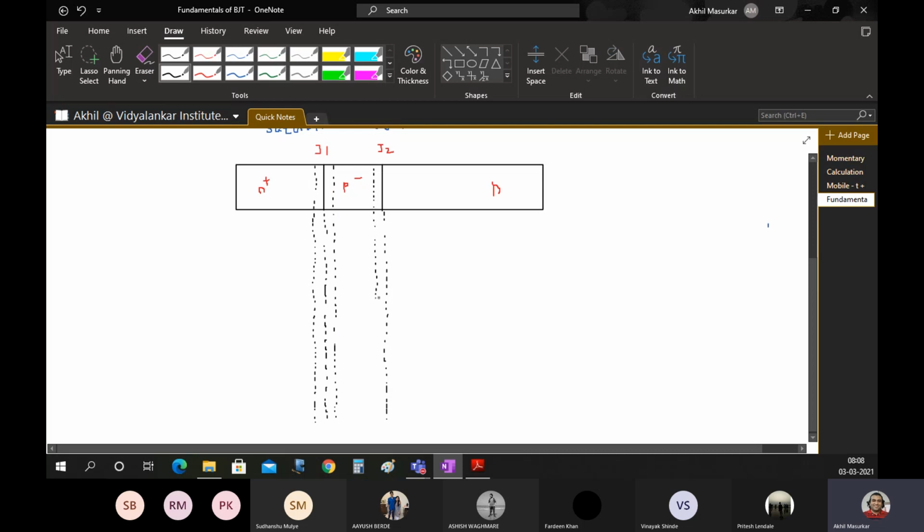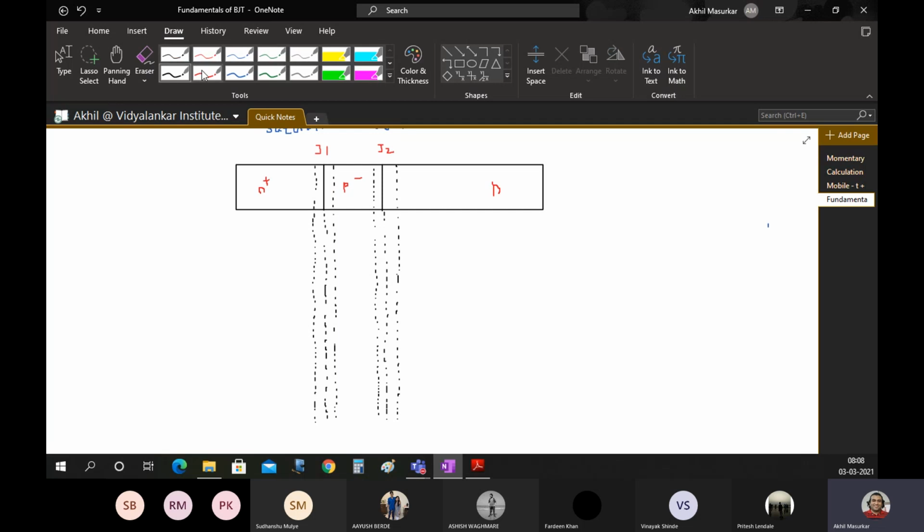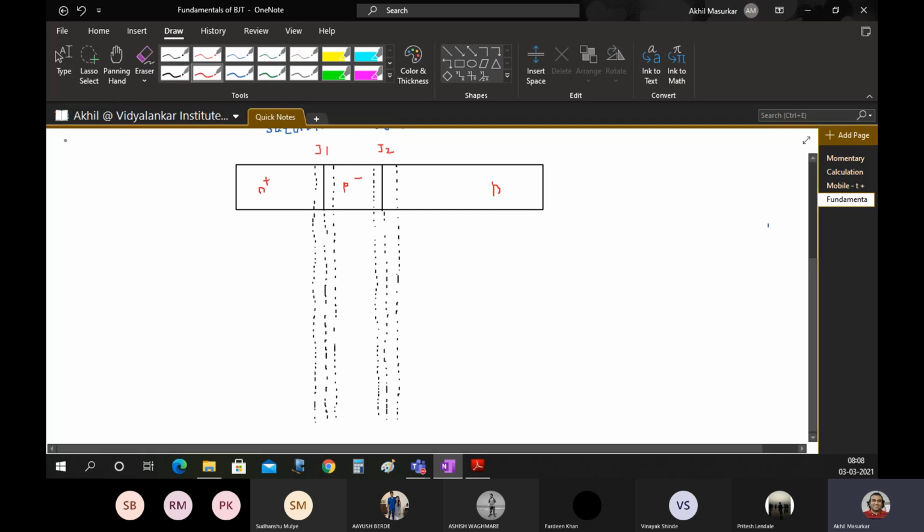So let's draw these lines in this way. So once you are done copying this much, just write done in the chat box. Then we will draw together.